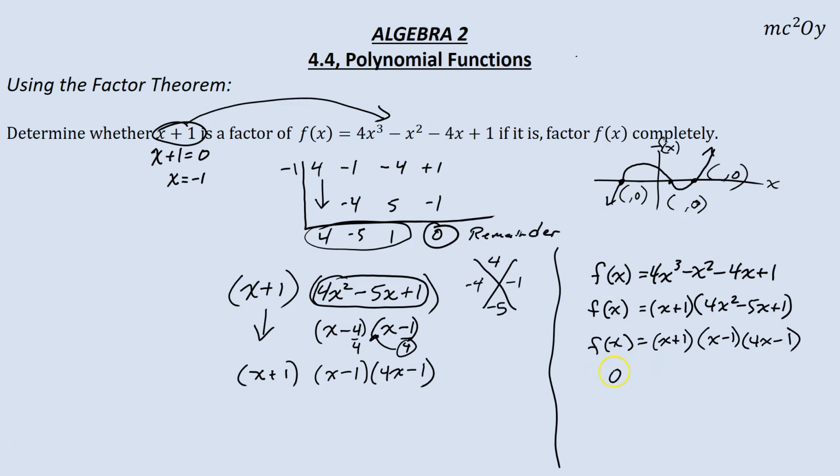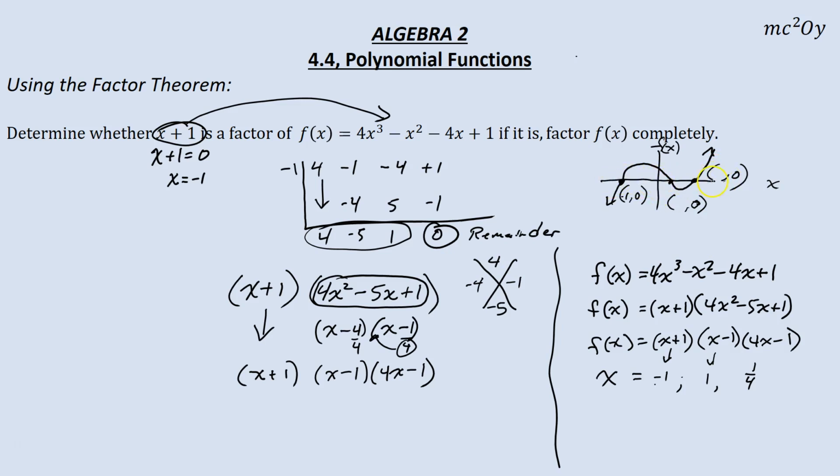So we could use the zero product property. What makes this 0? Negative 1. What makes this 0? Positive 1. What makes this 0? Add 1, divide by 4, 1/4. So that means x would equal negative 1, 1, and 1/4, probably in a different order there.